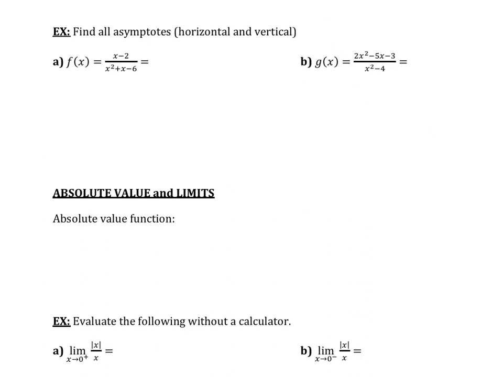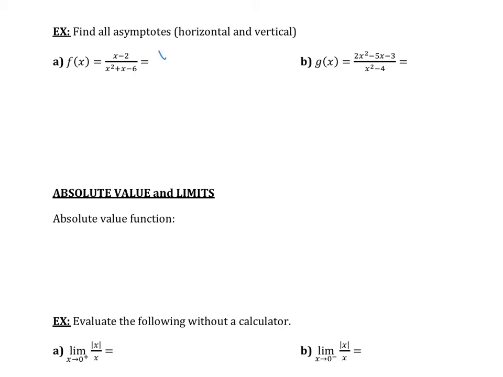All right, let's work at finding all the asymptotes, horizontal and vertical. Do you remember the process? The best way to go about this, especially the vertical ones, if we're not using limits to begin with, is to look at the denominator, and we need to factor. So the first thing we want to do is factor this problem.